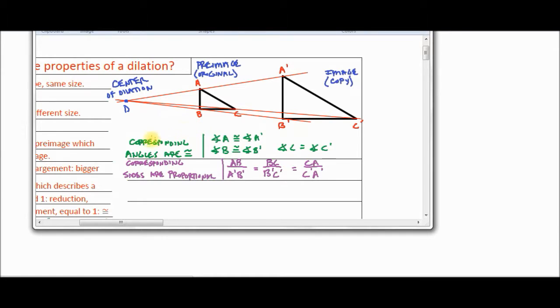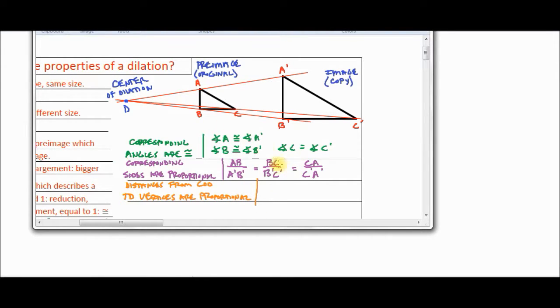Let's do another one. Running out of time here, so I got to be real fast. Okay, the next thing is the distances from the center of dilation, I'll just do COD, from the center of dilation to the vertices are also proportional. Pretty amazing property of a dilation.